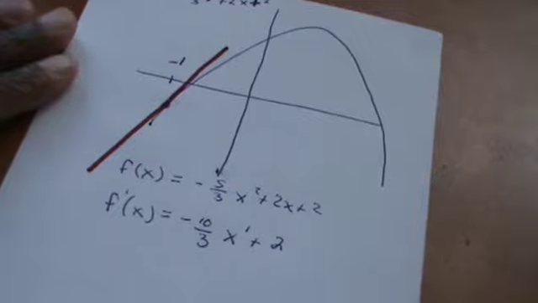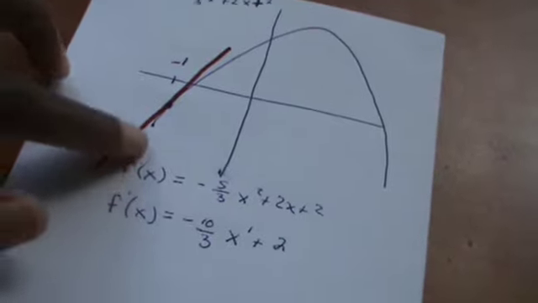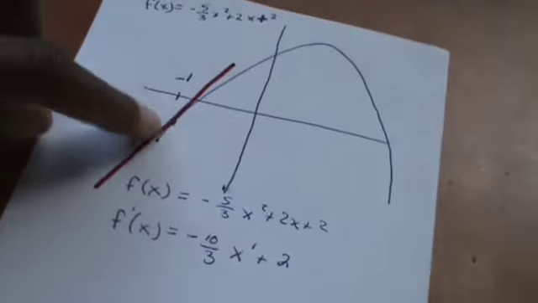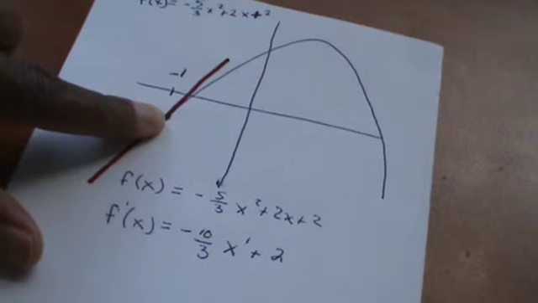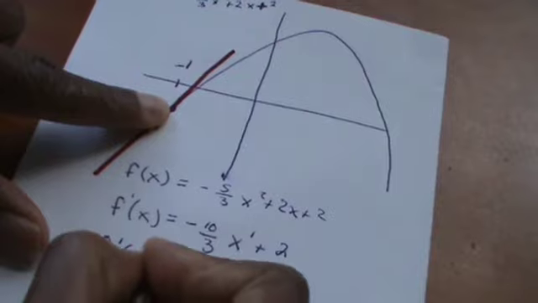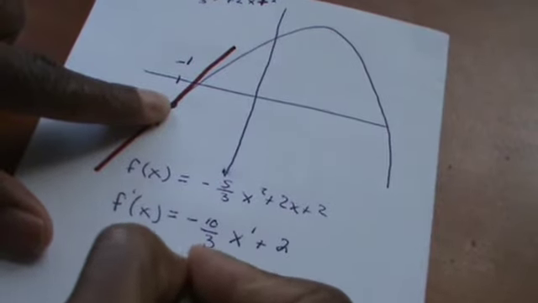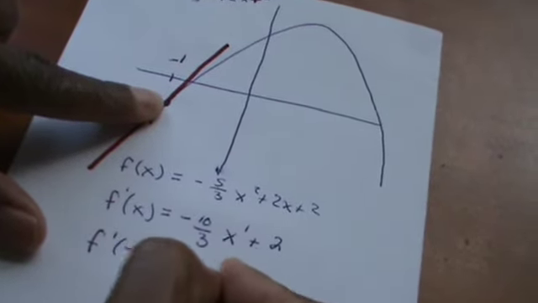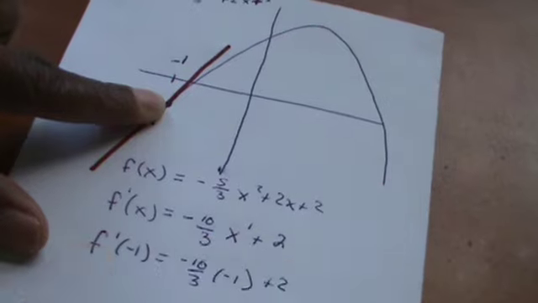So that should allow us to find the slope of the tangent line anywhere on this function, but we specifically want to find out what happens at negative 1. So we're going to do f prime at negative 1, which equals negative 10/3 times negative 1 plus 2.